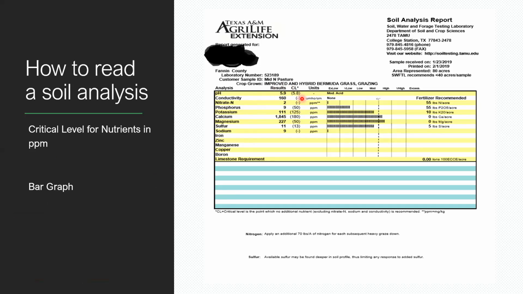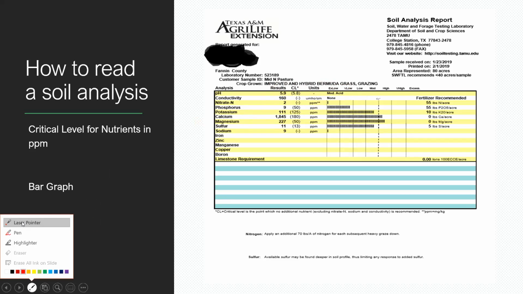You can see this third column on our soil analysis. That's the critical limit section. That's where we want to be as far as our pH or our levels of nutrients are concerned. We back up to the pH right here, and we understand that this particular soil is a 5.9 pH. Our critical level that we want to be at for growing improved and hybrid Bermuda grass for grazing is a 5.8. Therefore, there is no limestone required for this particular soil.